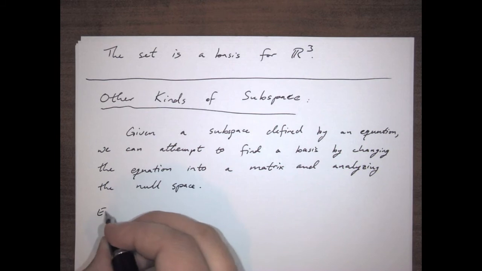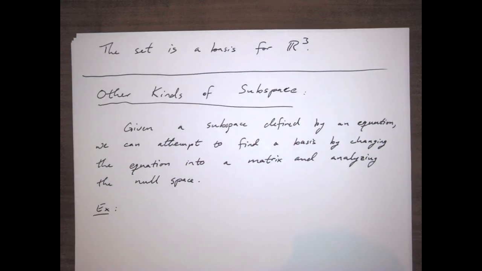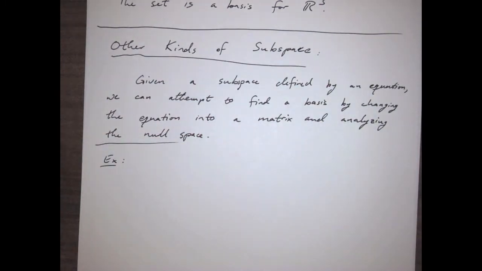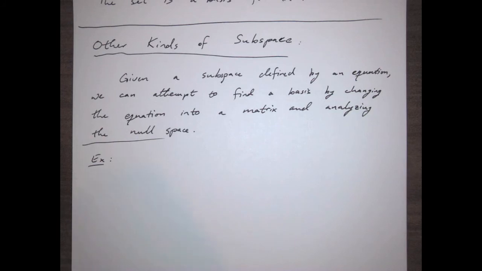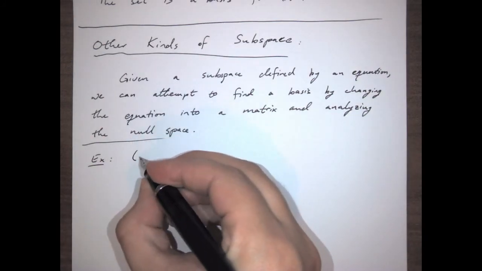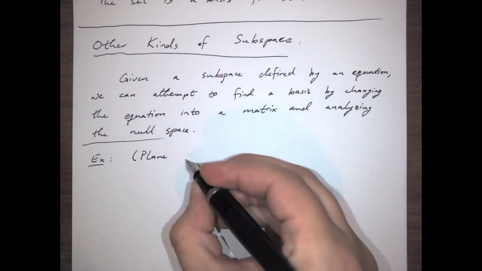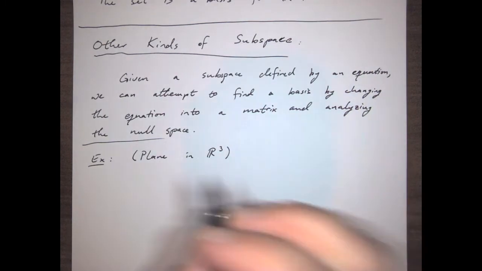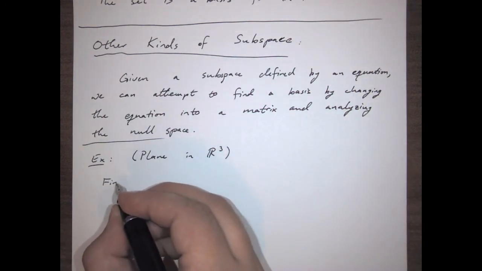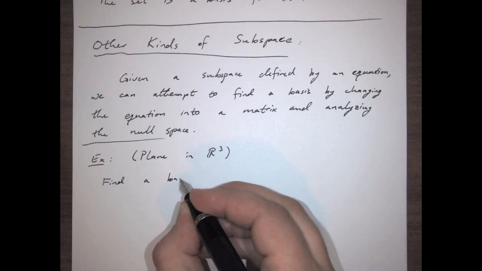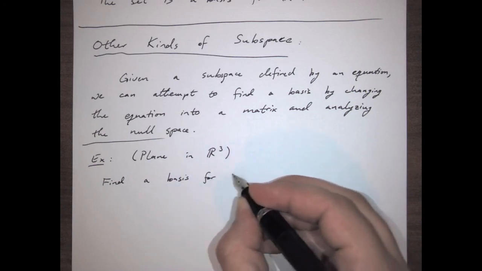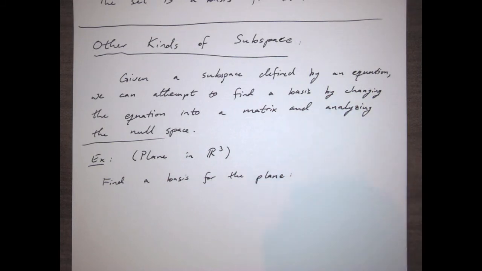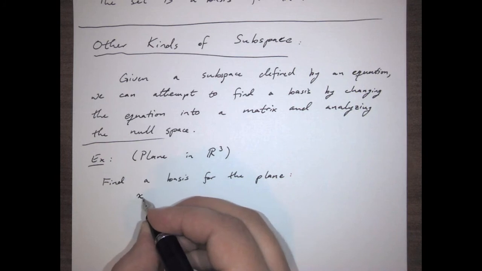So for example, a classic example of something like this would be a plane in R3. So we could take something like this. Find a basis for the plane, and the plane could be x plus y plus z equals 0.